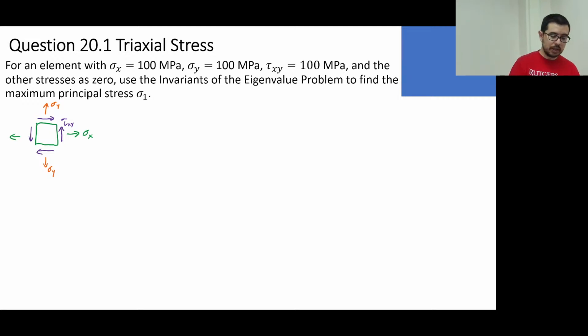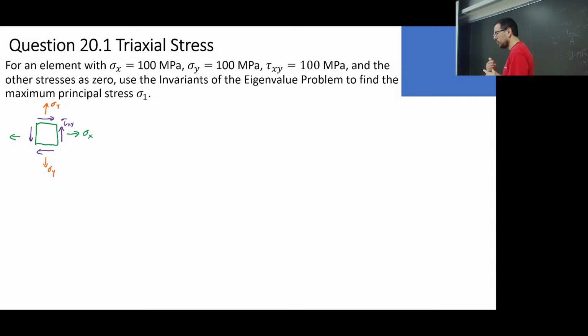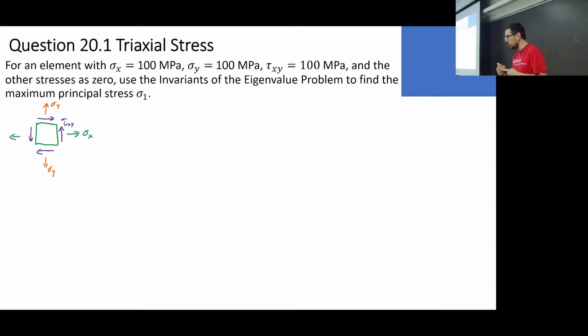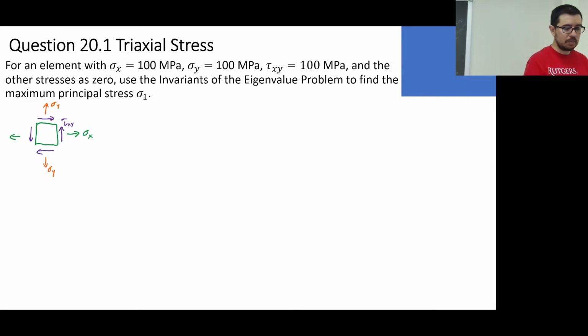You don't have to do it on an exam, but you can do it there. Or, you know, this is a 2D problem in a sense because the other stresses are 0. The tau yz and the tau xz and the sigma z are 0. So you could just use Mohr's circle as well. But that's what you're going to be looking at.